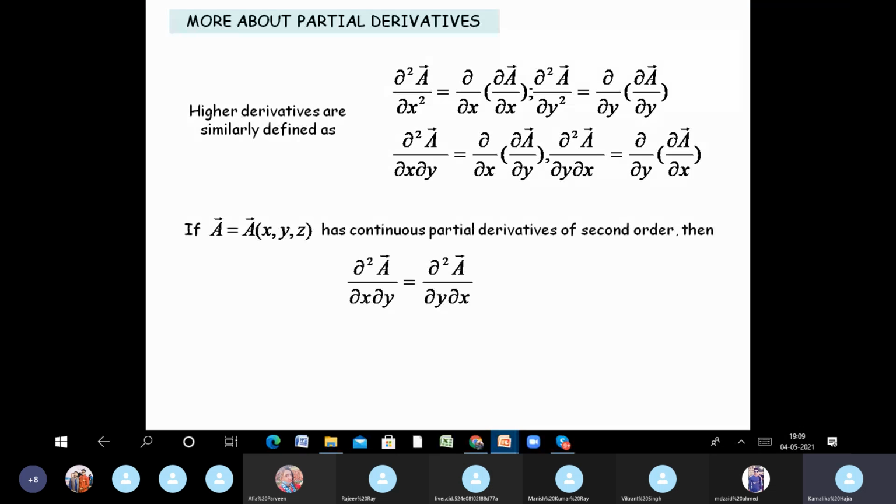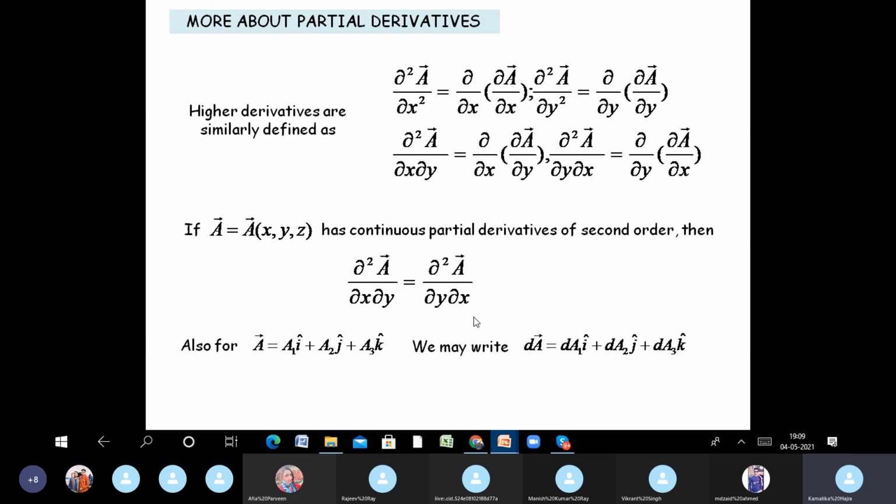And some other properties of partial derivatives, for example, you can take higher order derivatives. Then if you have taken del A/del y, you can then differentiate it with respect to x so that you get del2A/del x del y. Okay, and if the derivatives of the second order are continuous, then usually del2A/del x del y is equal to del2A/del y del x.